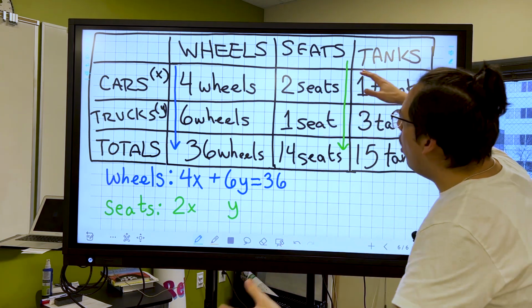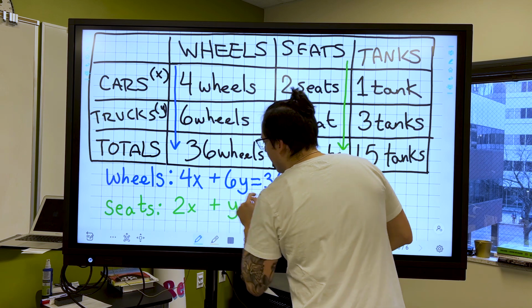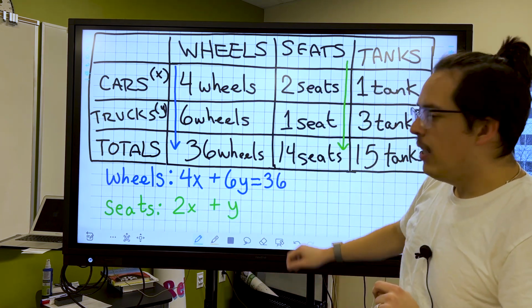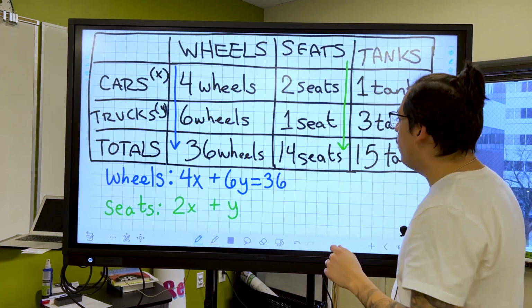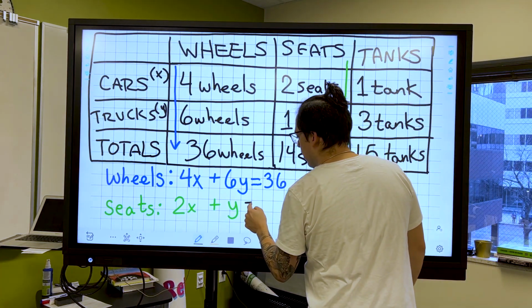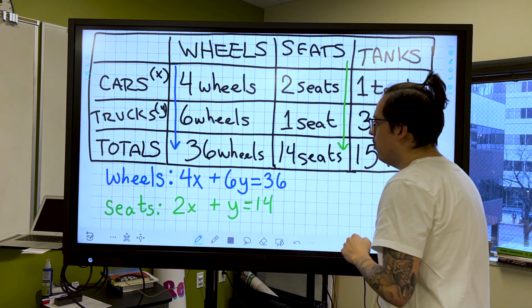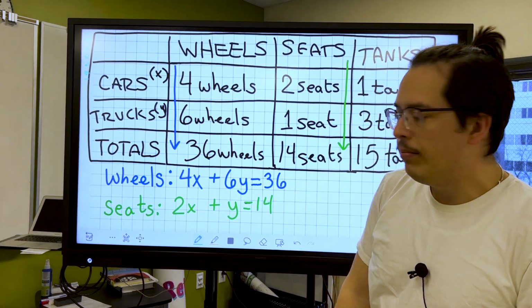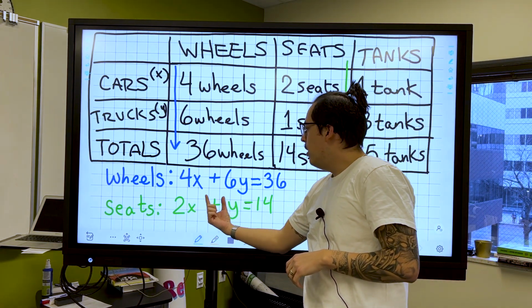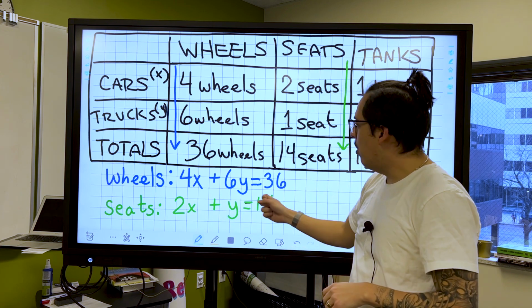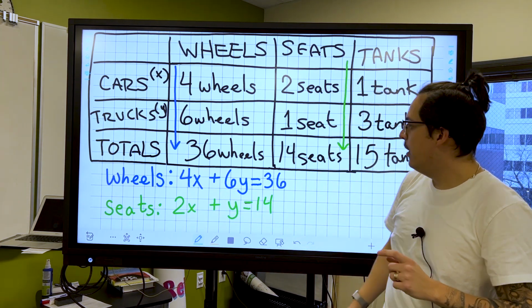And we're talking about all the seats that we use for cars and trucks, so we have to add these together. And again, in the best case scenario, I want to use all 14 seats. So this should equal 14. 2 seats per car and 1 seat per truck, and all together, I want to use 14 seats.